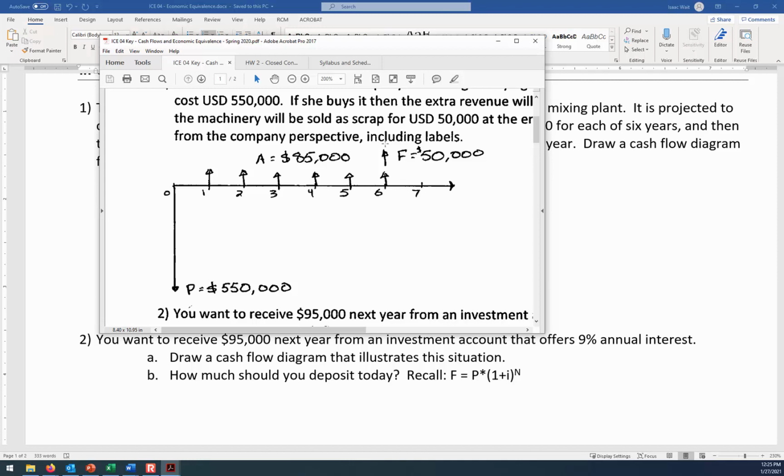My past experience tells me that maybe about half the class would have made this so that it says F equals, and what's the combined amount there? Is it 135,000 at year 6? So some of you would have said that what we have is a 5-year annual series and then a combined lump sum amount, and that's fine.